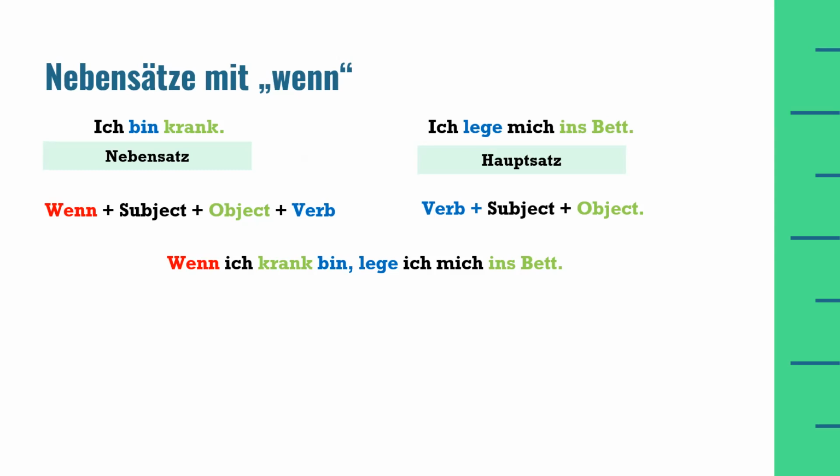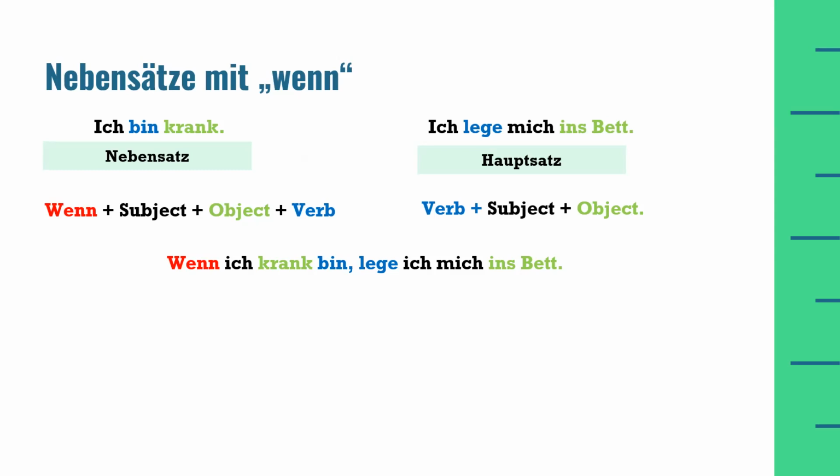Subject is ich, so legen will become lege for the subject ich, mich ins Bett. Ins is the short form of in das, and Bett is a neuter noun for which the article is das. Wenn ich krank bin, lege ich mich ins Bett.